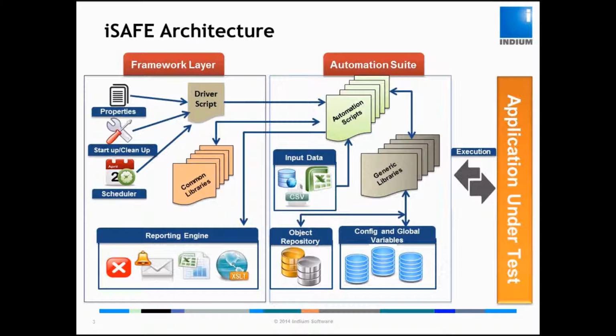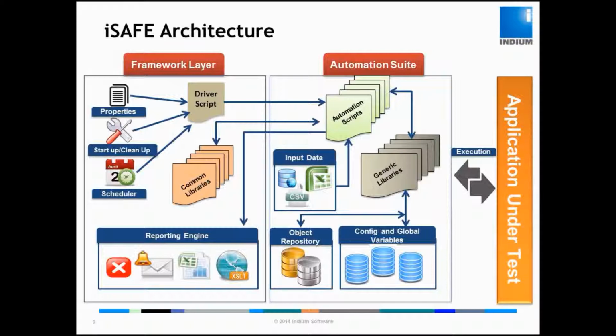For reading and writing to Excel spreadsheets, we use a utility called JXL. So that's available in our common library. For sending out an email at the end of execution, we use a utility called mailer and activation. So all these things are part of our common libraries.